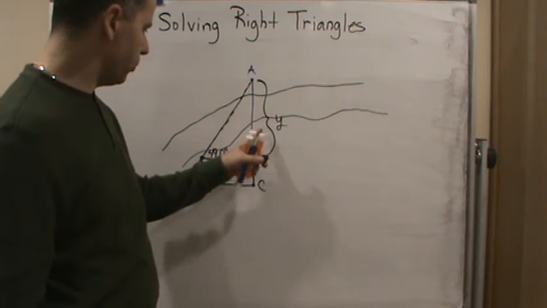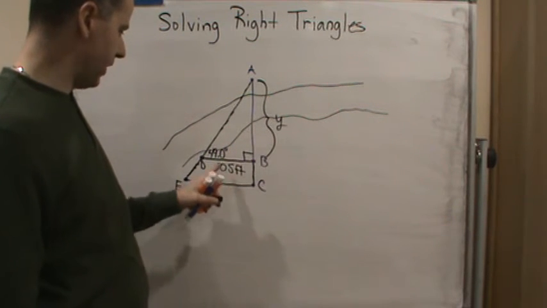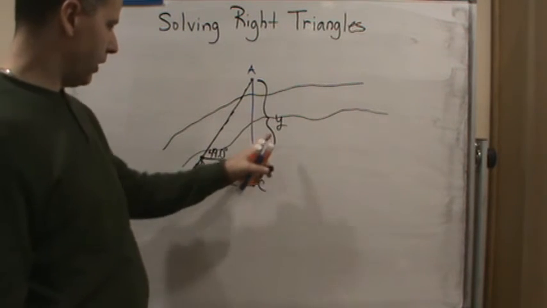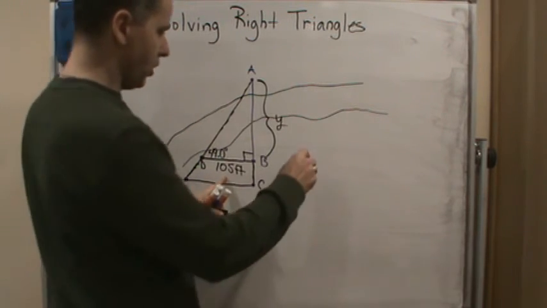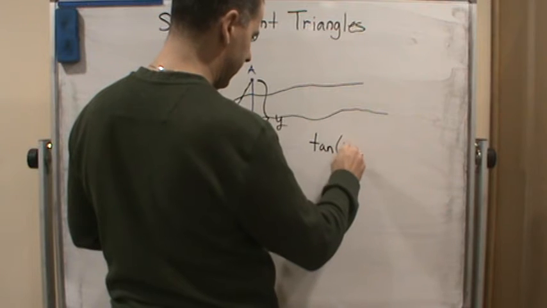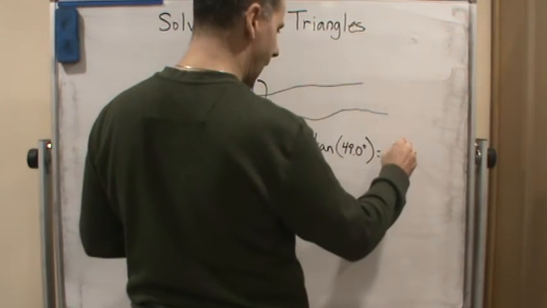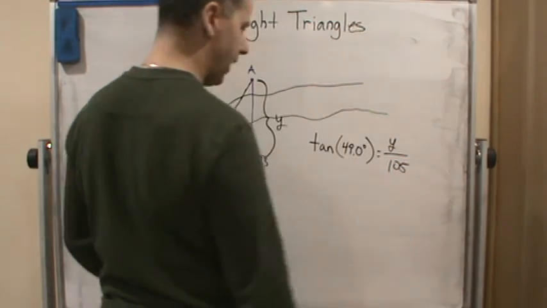What trigonometric relationship is there between Y and this angle? So this is the adjacent side, this is the opposite side. We want to do opposite and adjacent. That's going to be tangent.